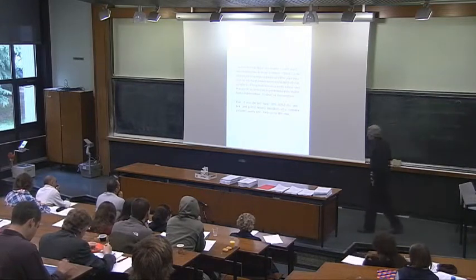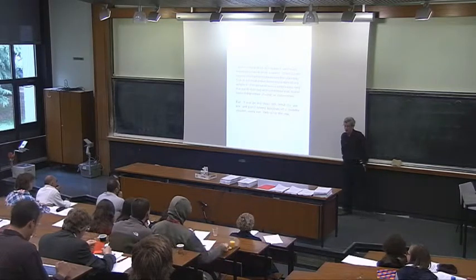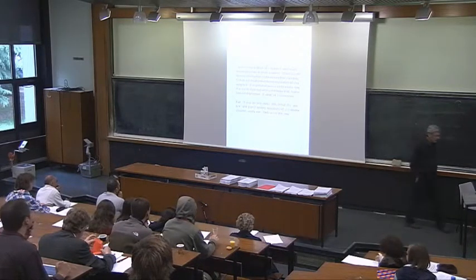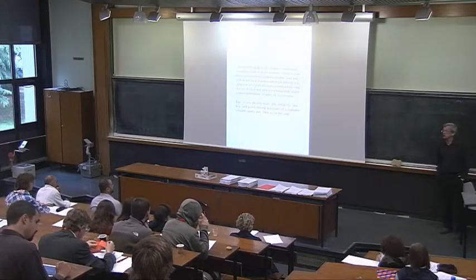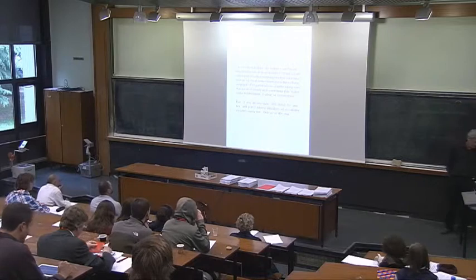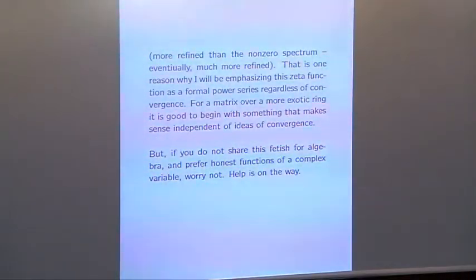Okay, so for a matrix over a more exotic ring, it's good to begin with something that's defined independent of ideas of convergence. But if you don't share this fetish for algebra and you prefer honest functions of a complex variable, don't worry. Help is on the way.